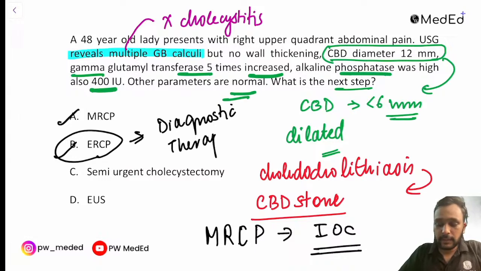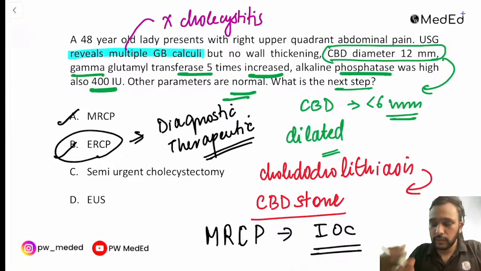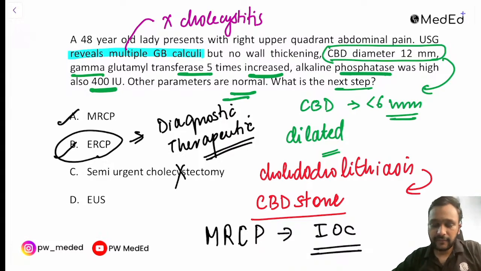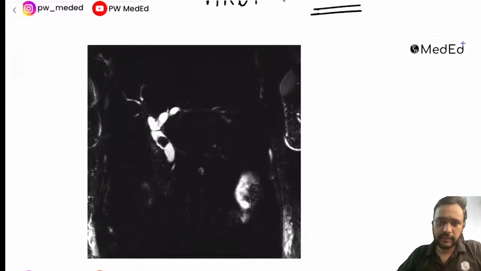It is done to remove the stone, as well as stenting is done using ERCP. Semi-urgent cholecystectomy: after the CBD stone is removed, the patient can be planned for cholecystectomy, right? So this was all about choledocholithiasis.